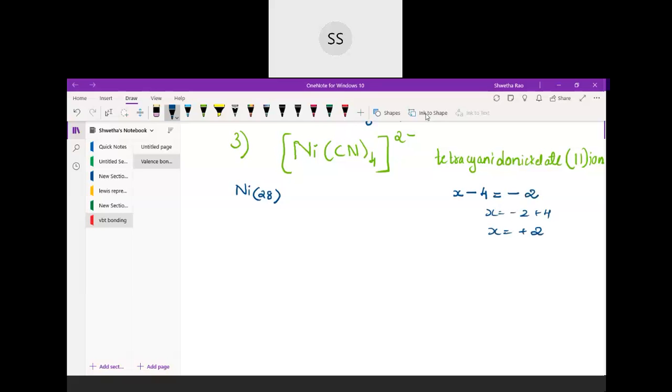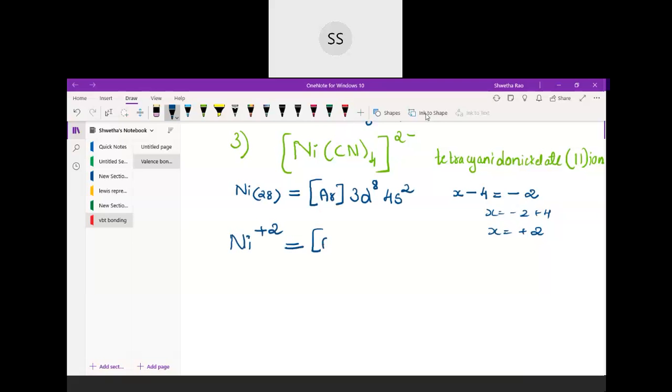Okay, 28 is the atomic number. So if I have to write the electronic configuration, it is going to be argon, and then 8 electrons will be present in the d orbital and 2 electrons in the 4s orbital. +2 oxidation state means it has lost 2 electrons, so I have to remove 2 electrons from here.